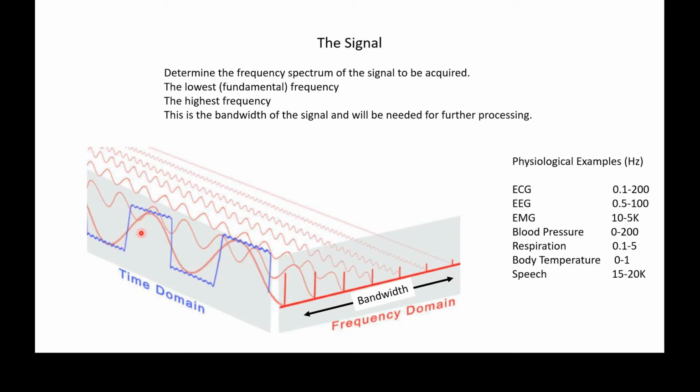If we were looking at the Fourier series in the time domain, for example, of a square wave shown here in blue, we would have a fundamental frequency here in the thick red line, and then a whole series of higher frequencies at integer intervals that make up, when added together, a square-looking wave.